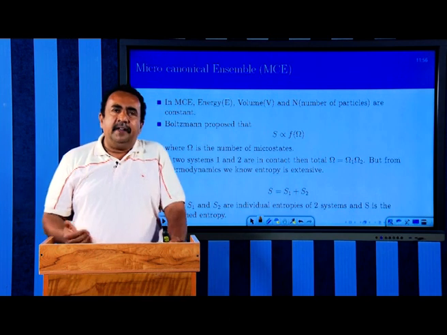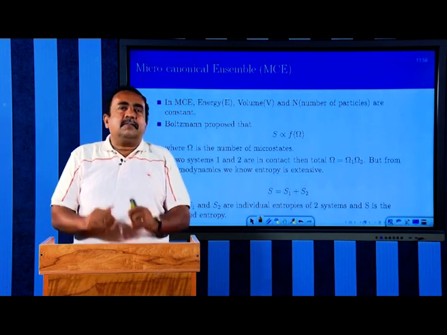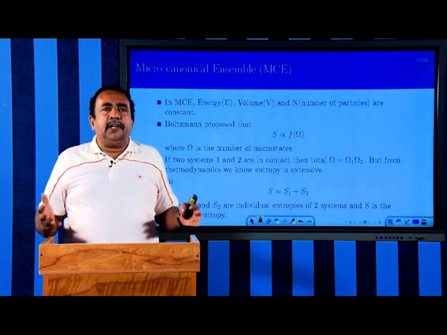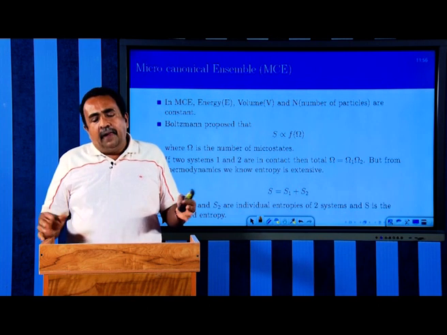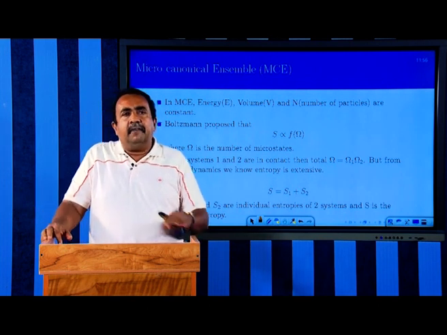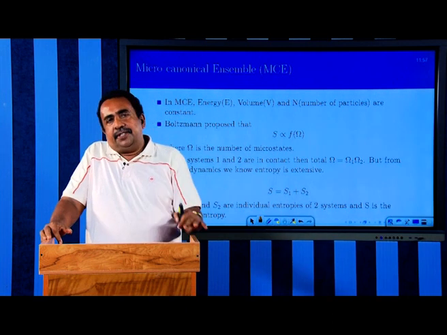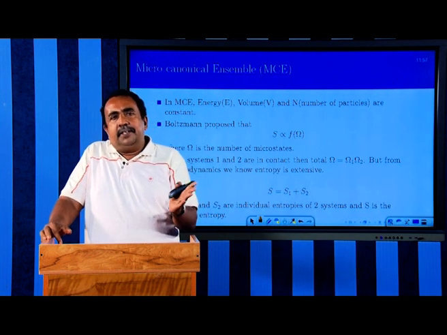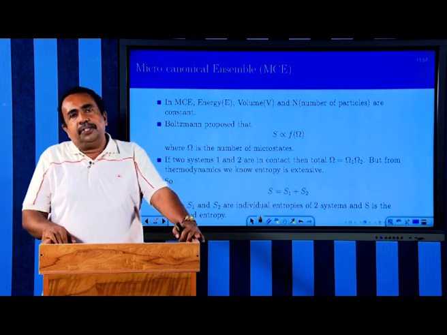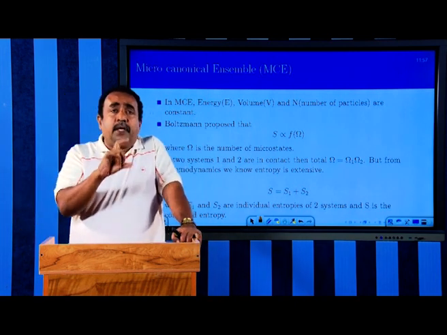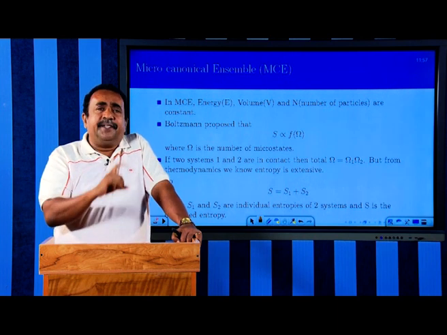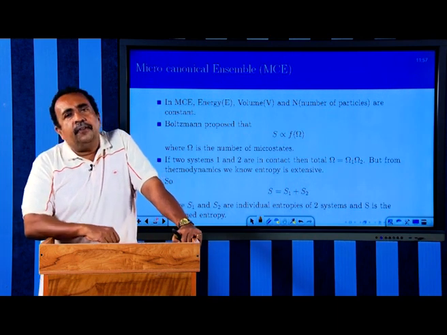For example, if I have an electron, in statistical mechanics we consider an electron in a magnetic field, or even without a magnetic field, the electron will have two states. One is the up state, the other the down state: up state with a particular energy and down state with another energy. Those are the two microstates or energy states available for a particle.